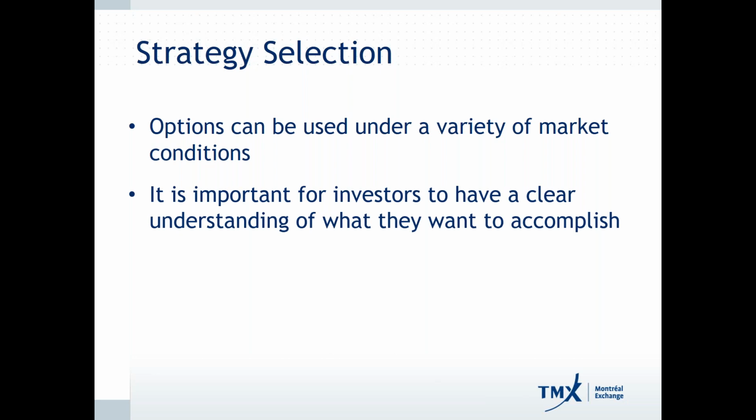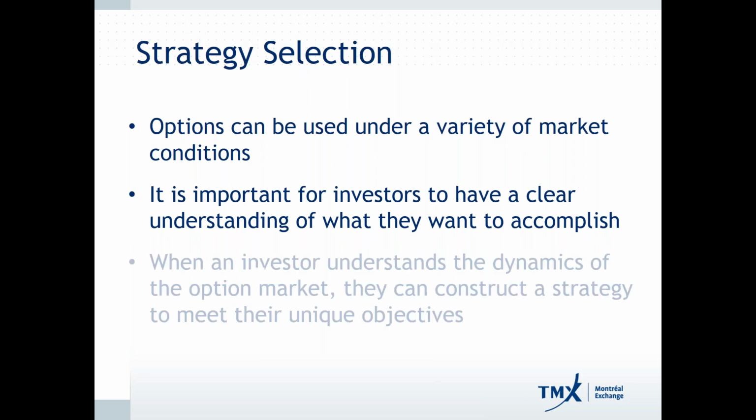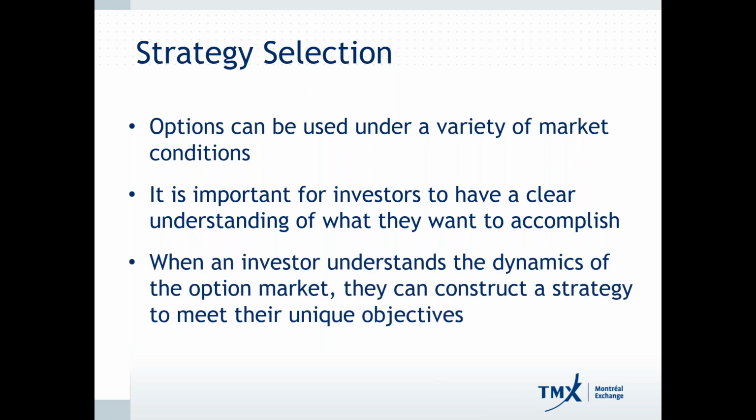What is important though is for investors to have a clear understanding of what they want to accomplish. It's a strategic tool that has to actually strategically be used. In other words, I'm looking for a specific objective, and the option is a tool for achieving that specific objective. So when an investor understands the dynamics of the options market, they can construct a strategy to meet those unique objectives.